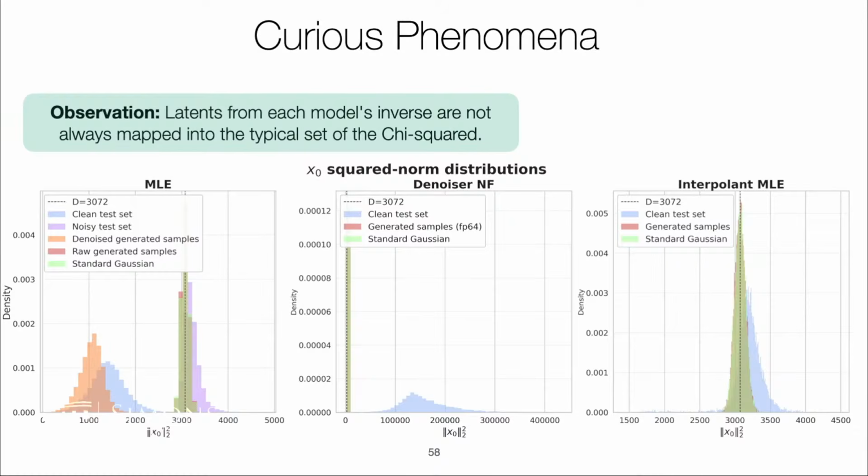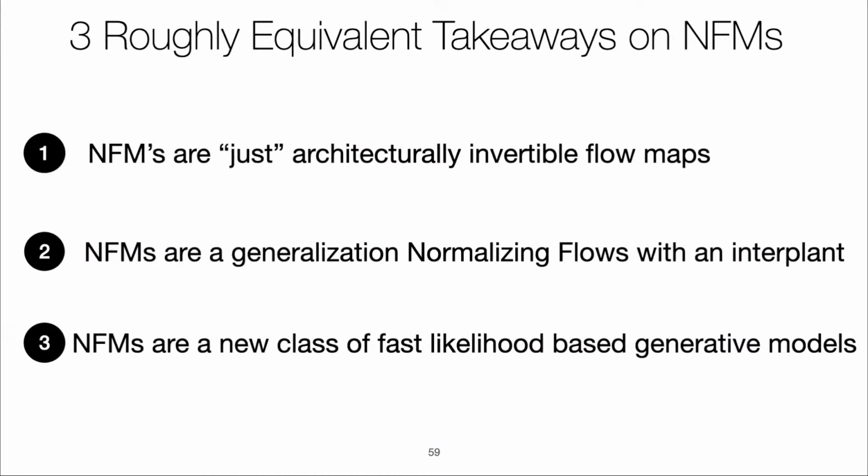But if you have this interpolant MLE, we're a bit better. So this is an interesting idea: what is your map actually learning? And it turns out it's learning quite different things. Even the MLE objective traditionally is not hitting exactly where the latent norm should be. So I think that's my last slide.